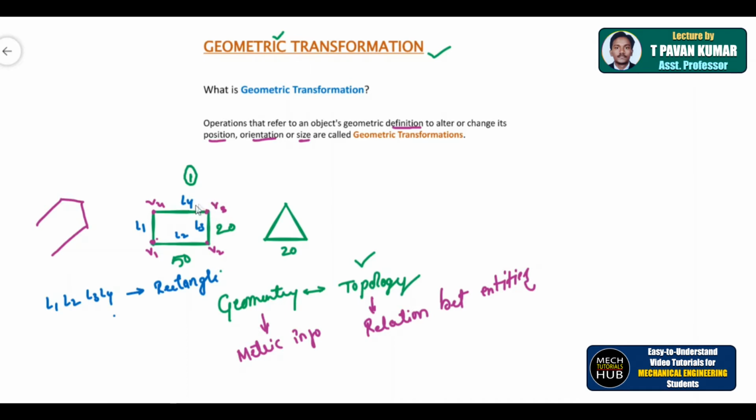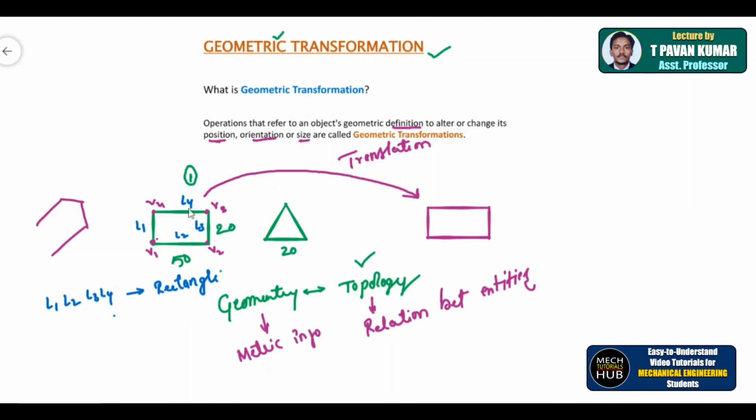If I want to change its position from here to some new position, then it is translating from the old position to a new position. The size remains the same. This we call translation, nothing but positioning. We are changing its position from one to the next.